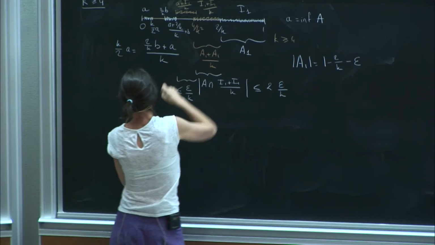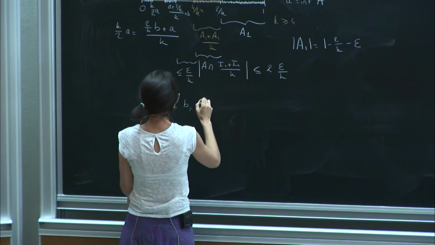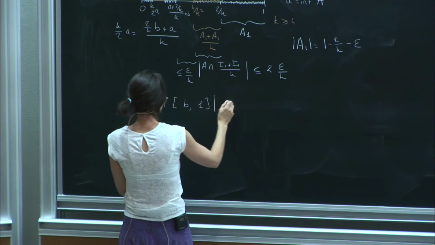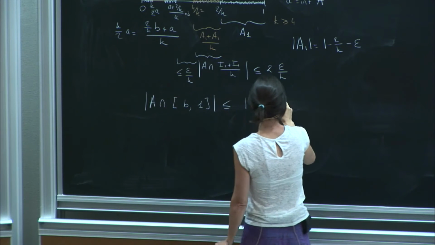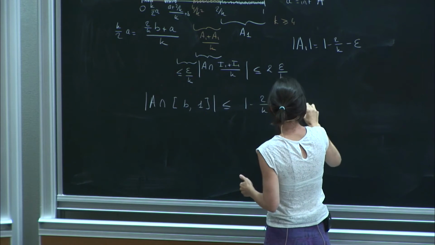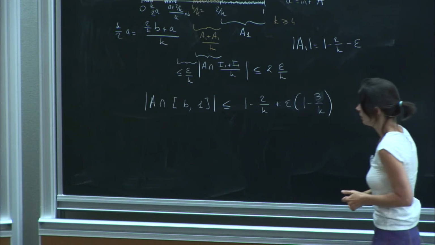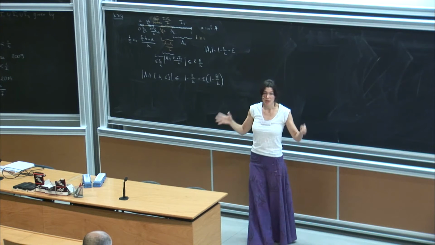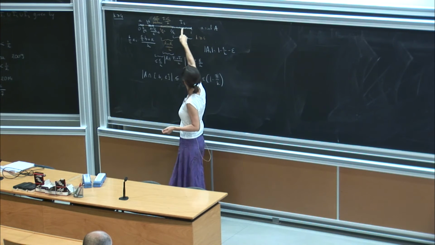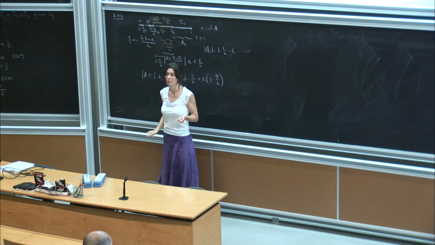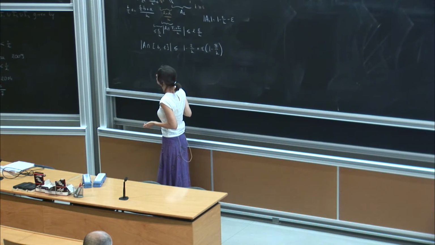So it means that A intersected with B1 will be less than what you can have with epsilon equals 0. And so it means that if you want to have the largest set possible, you have to take all of A1 and the same for the following ones. Okay? So this was for k larger than 4.